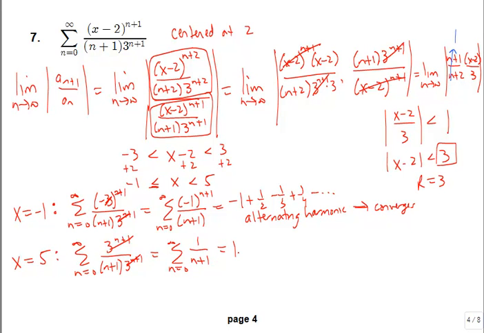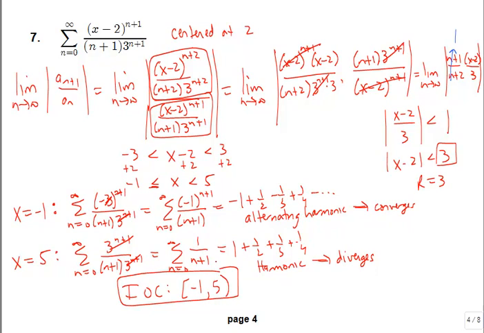If n is 0, this is 1 plus a half plus a third plus a fourth. And we know that that harmonic series diverges because it's a p-series with p equal to 1. So we don't want to include the 5, so our interval of convergence would be negative 1 with a bracket, comma, 5 with a parenthesis.